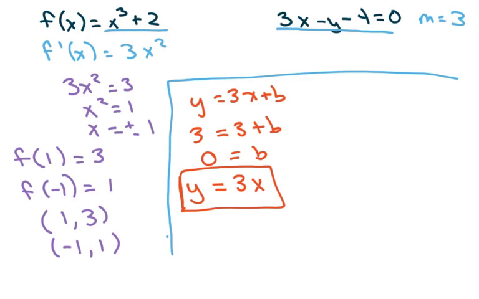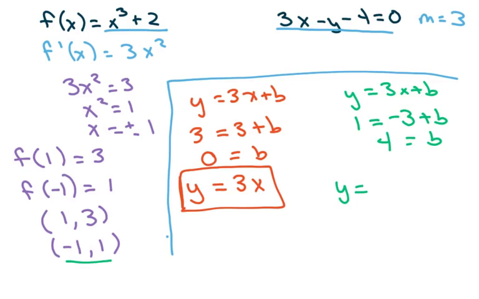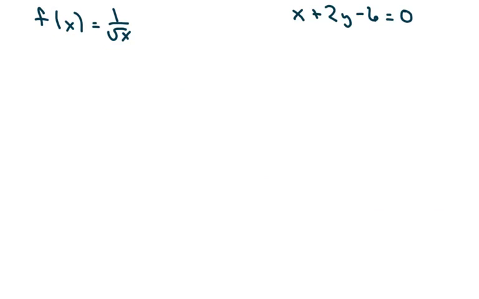For our second one, we write y equals 3x plus b and plug in the other point, so y is 1 and x is negative 1. It's going to be negative 3 plus b, so b is 4. So we have y equals 3x plus 4. All right, we have 2 more.